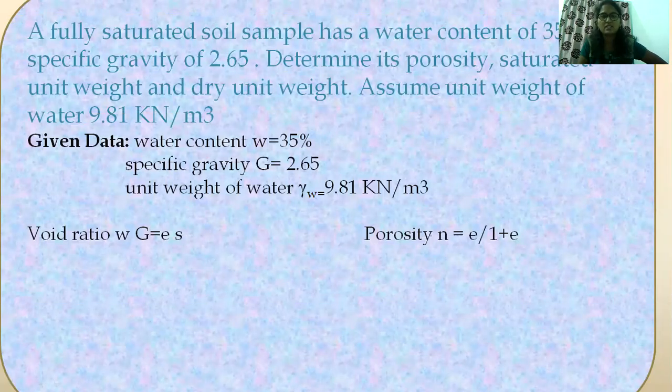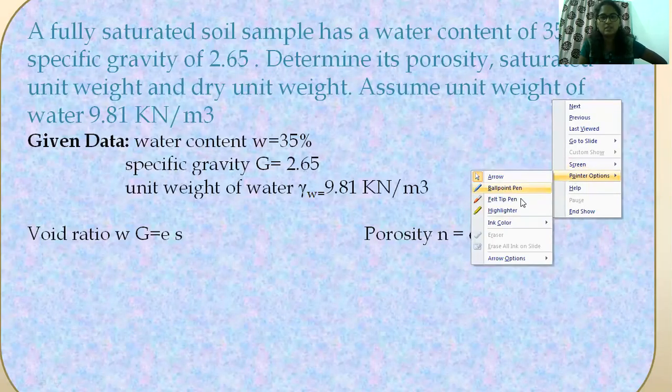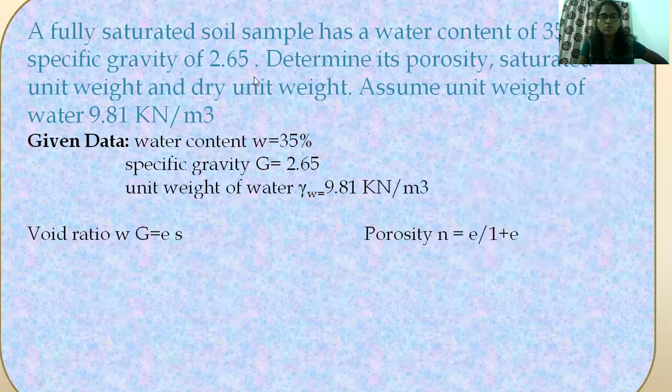A fully saturated soil sample has a water content of 35% and its specific gravity is 2.65.